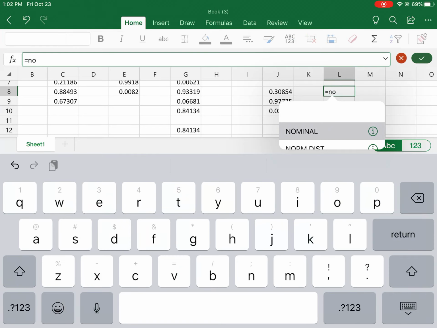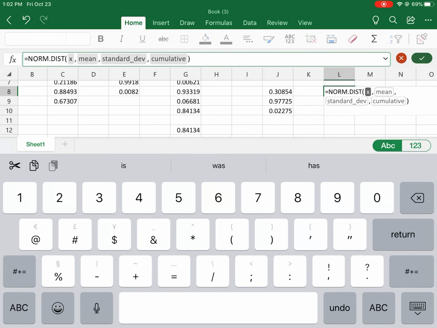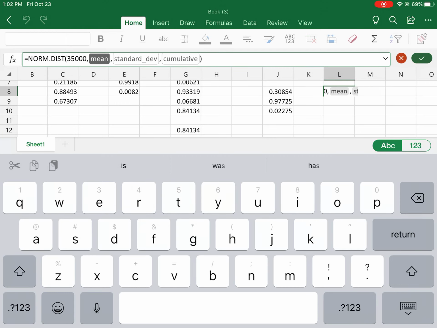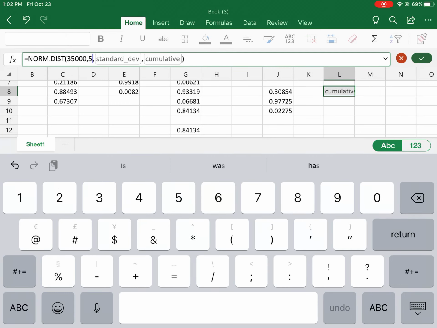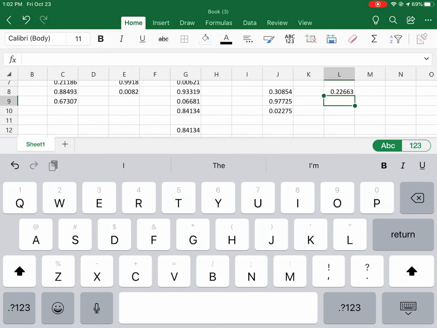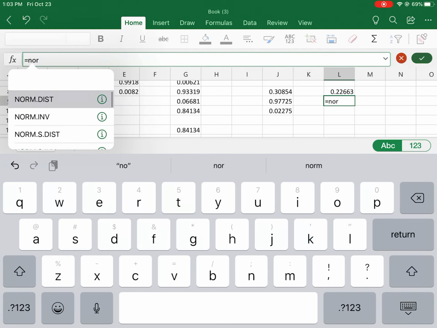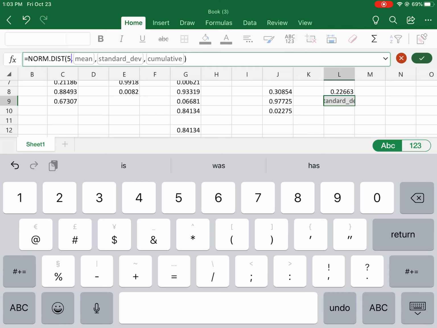So I have equals my norm distribution. Okay, so the first one here, let's just do 35. You guys will be experts at this by the time we're done. Okay, so that is less than 35,000. Now let's go ahead and do less than 55,000.